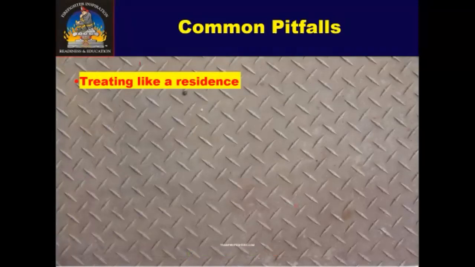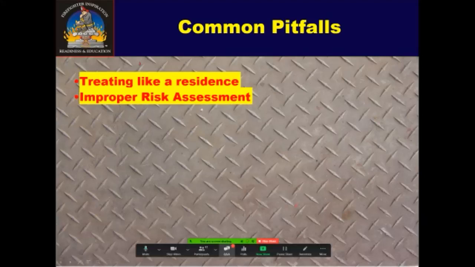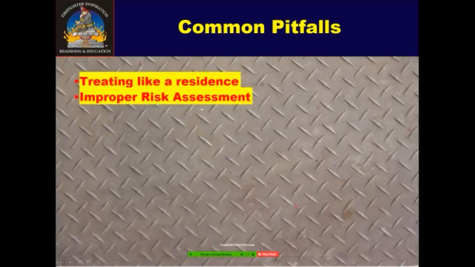So this is not a residence. If it's occupied, you're going to have the potential for a massive, massive victim profile. So risk assessment's huge. I can't overstate the importance of getting out and pre-planning your areas, your buildings, your target hazards, because that is absolutely critical. Also know about events they're having if you can.